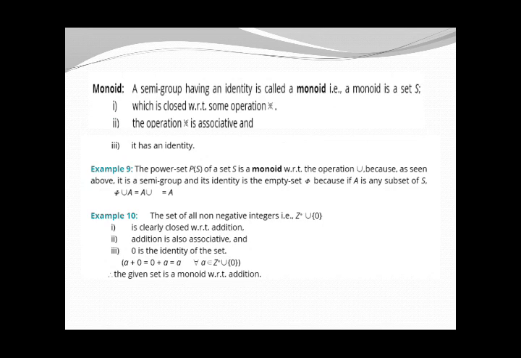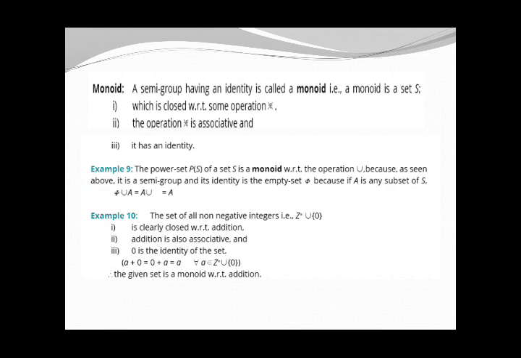Next is the set of all negative integers, which does not contain 0 because 0 is always on the positive side. Now it is clear that with respect to addition, the closure property holds. If we add any two negative numbers, the answer is also negative. Therefore the closure property holds, it is closed with respect to addition.